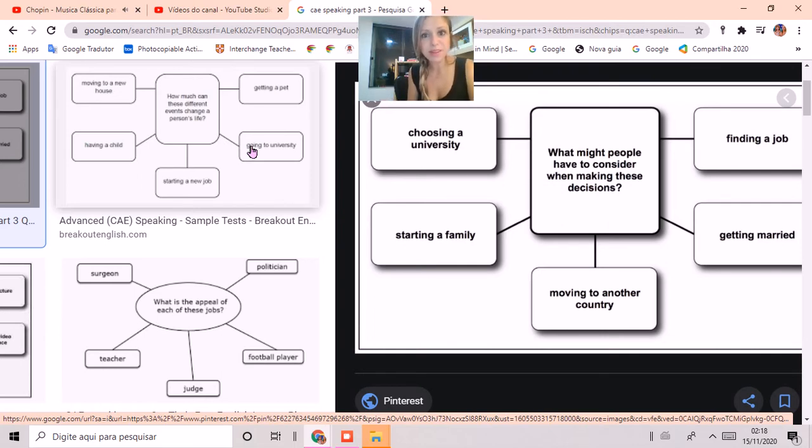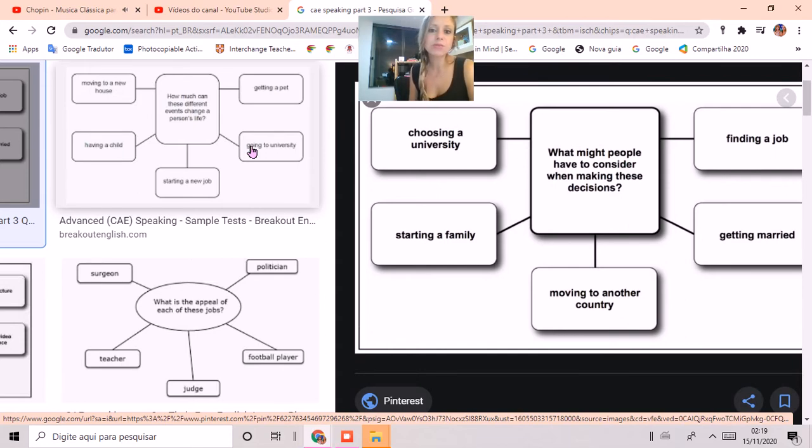If you agree, saying, yeah, you have a good point there, I agree with you, because when you choose a university, you're probably very young and not mature enough to reach such a decision, and you may be confused about your vocation, about your true feelings, about the things you want to do in the future, because maybe you can be led by feelings of admiration for somebody else's job, and then when you really start studying, the person can be faced with unpleasant feelings related to the degree they intend to have.